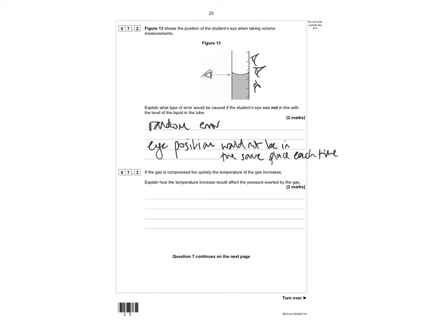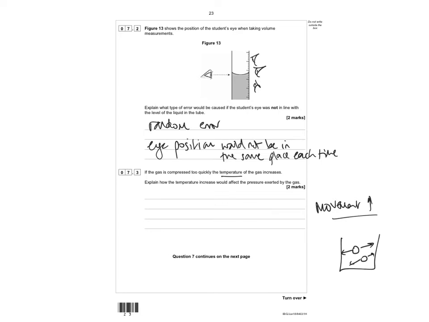For 7.3, if the gas is compressed too quickly, the temperature of the gas increases. Explain how the temperature increase would affect the pressure exerted by the gas. Anything that involves temperature means you're going to get a far greater movement. It will increase. And if it's moving faster, the molecules inside will collide with the walls more often every single second.